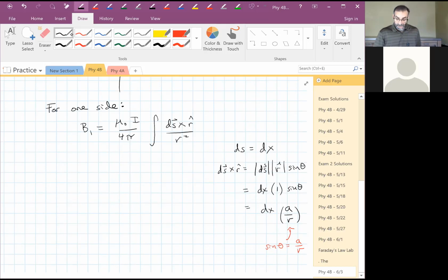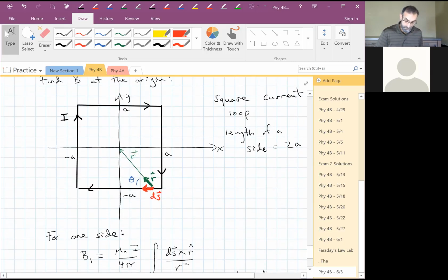And what am I missing? R. What's R? R is A squared plus X squared.